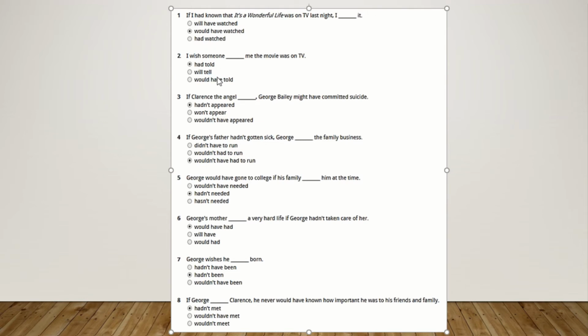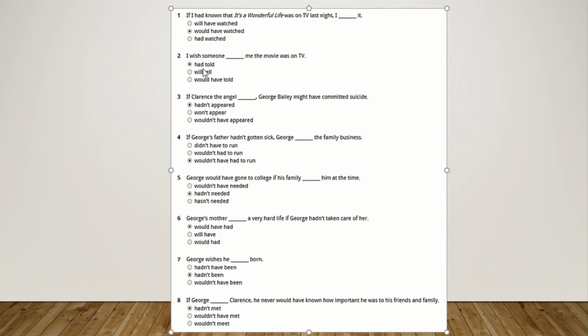Look here. And now we have the other structure, not if and result, but only the wish. I wish someone had told me that movie was on TV. Had told me. Past, you see? Past participle. Not only past tense.